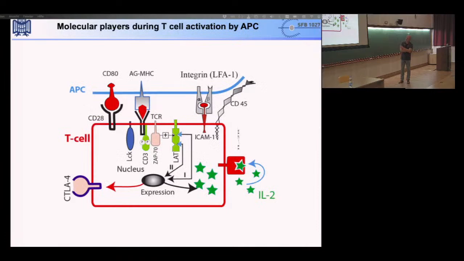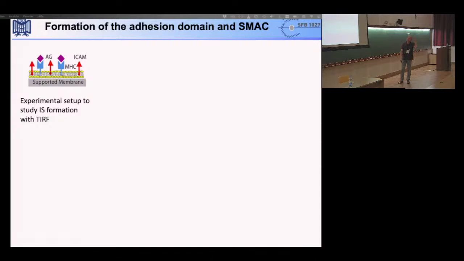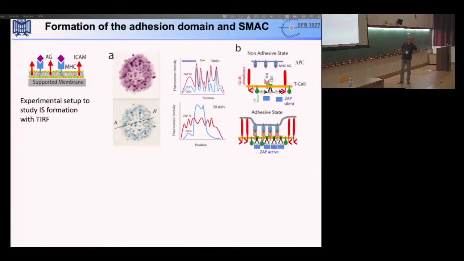And this process here has been studied a lot in TIRF experiments. So essentially, you present the antigen on an artificial membrane, a lipid bilayer. You present it, and then you put the T cell on top, and then you perform TIRF microscopy, with which you can visualize the plane very well.